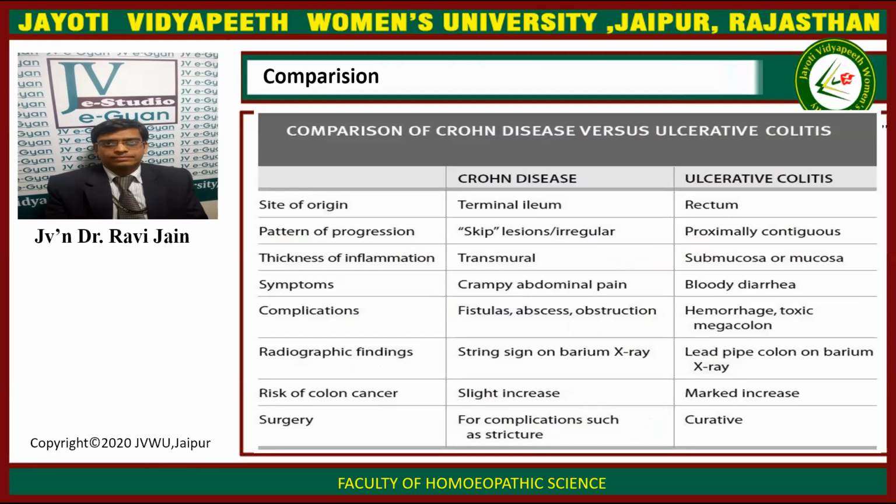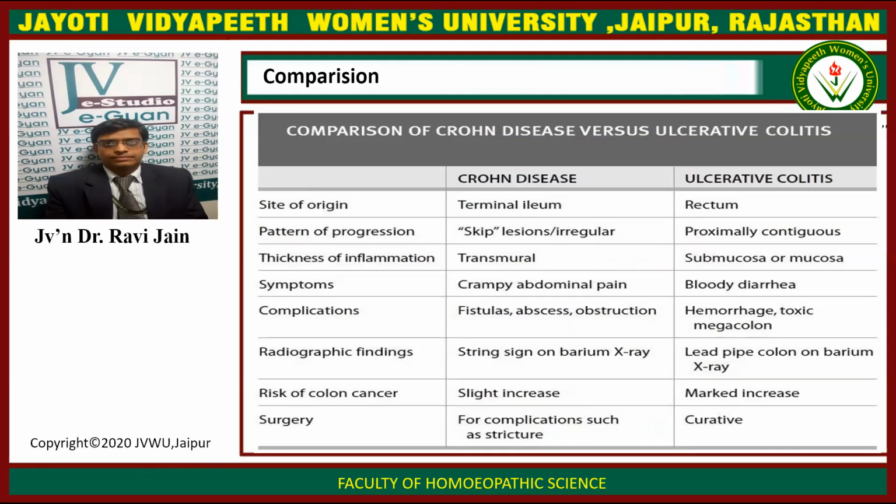Now, this is the comparison of Crohn's disease and ulcerative colitis. The site of origin in Crohn's disease is the terminal ileum, while in ulcerative colitis it is rectal. The pattern of progression in Crohn's disease is skip lesions, whereas ulcerative colitis spreads proximally and continuously. Inflammation in Crohn's disease is transmural, whereas in ulcerative colitis it is mucosal or submucosal.